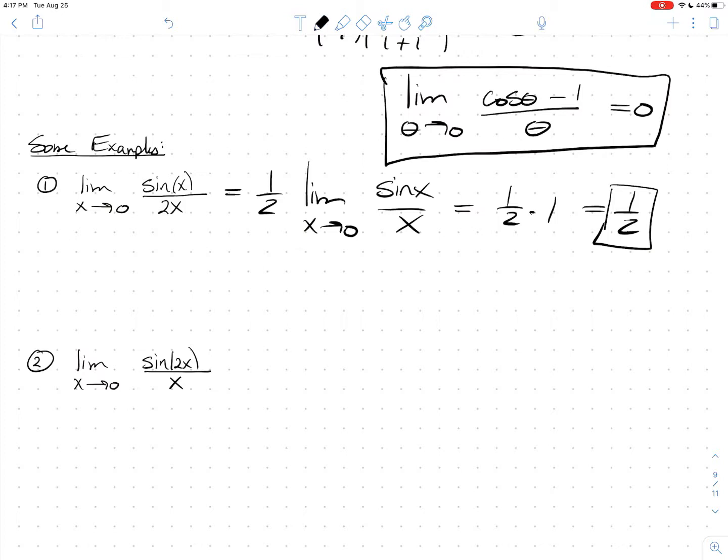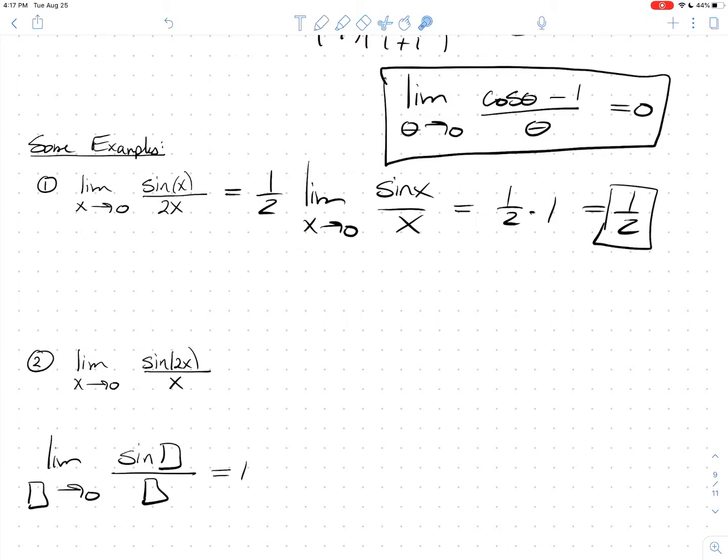So we learned that the limit as, I'm going to write theta, goes to 0 of sine theta over theta is 1. And the point is, I want you to think about the theta as like a box. Okay, so sine box over box as box goes to 0.